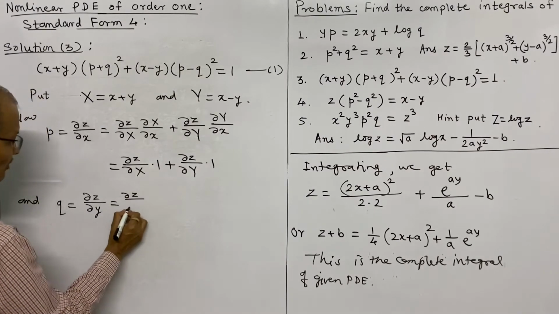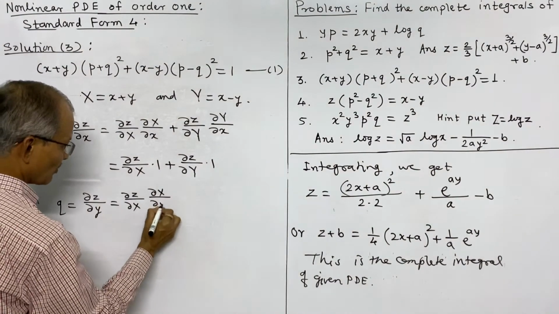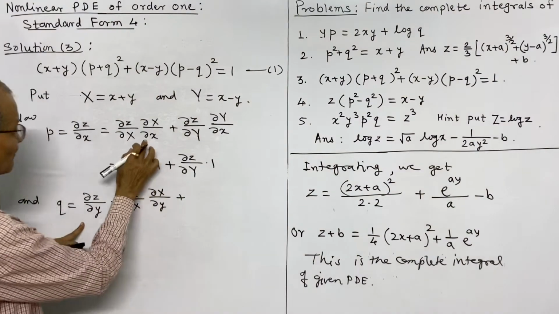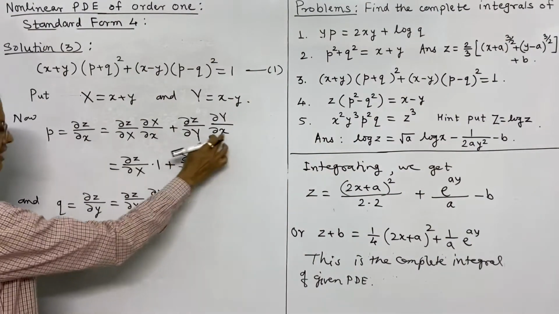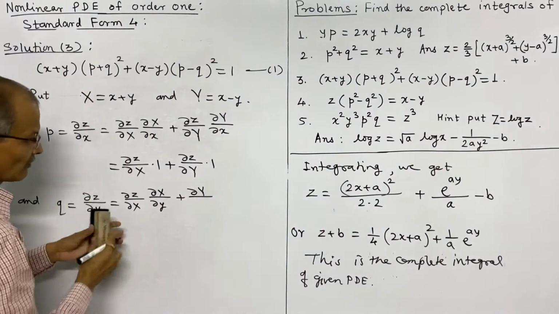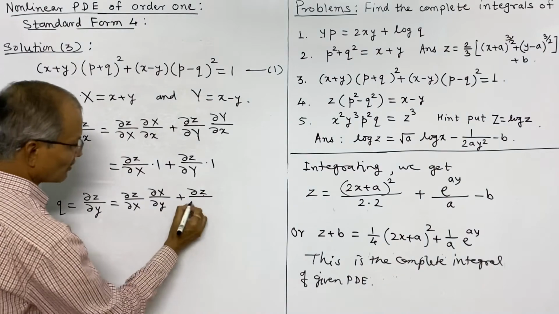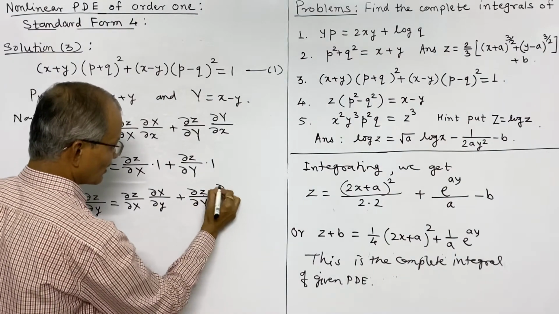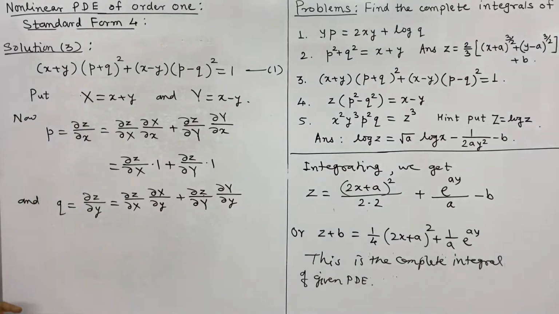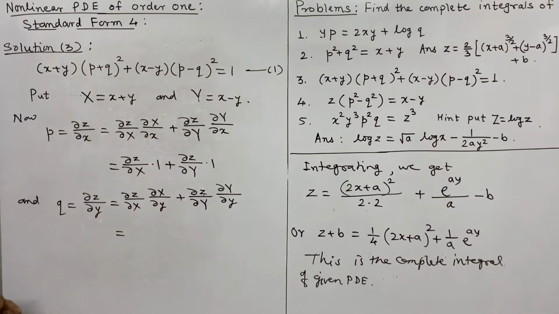Dou z by dou capital X into dou capital X by dou y, we are differentiating partially with respect to y, plus the partial derivative of z with respect to capital Y and the partial derivative of capital Y with respect to small y. This is the expression for q by chain rule.